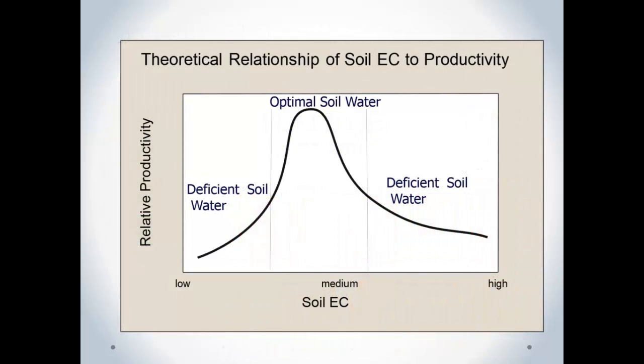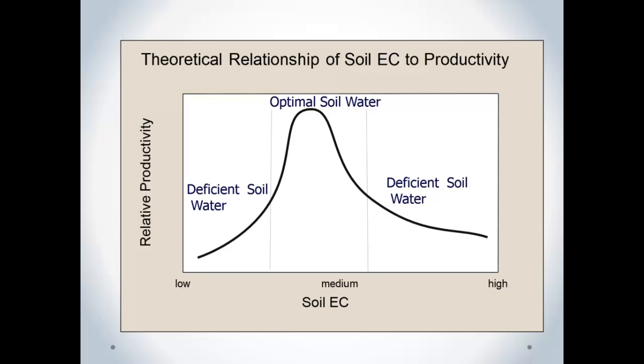We have taken soil EC, and after having done a number of different types of soils, have developed what we call a theoretical relationship of soil EC to crop productivity. On the low end of EC, you have relatively low productivity because you have sandier soils and you're not able to hold as much water.